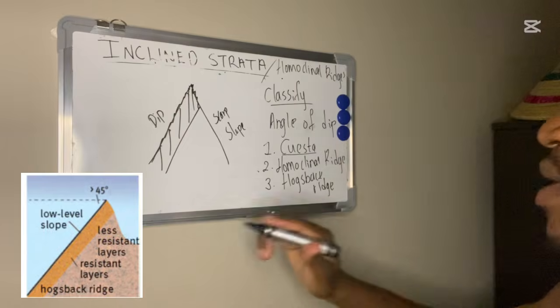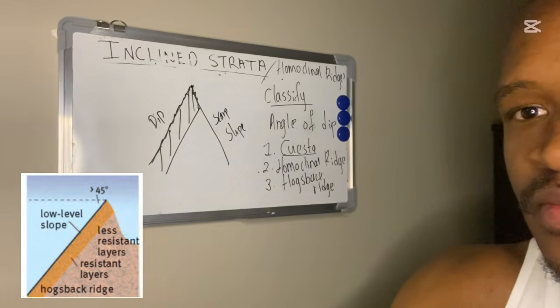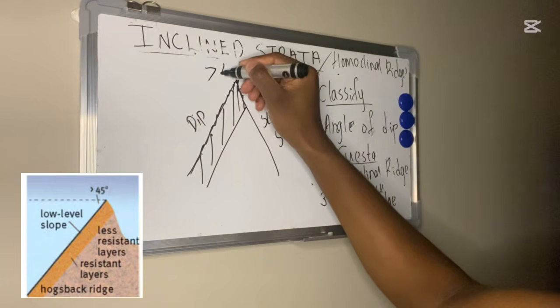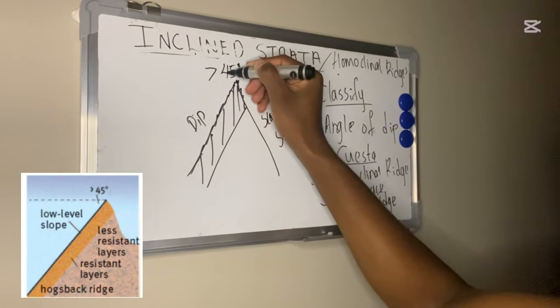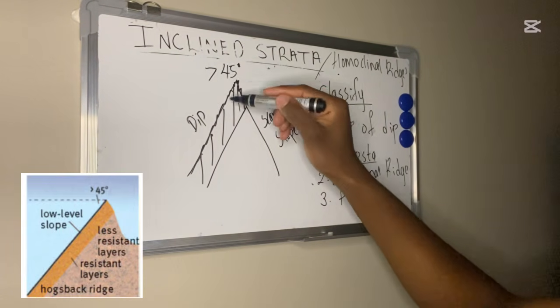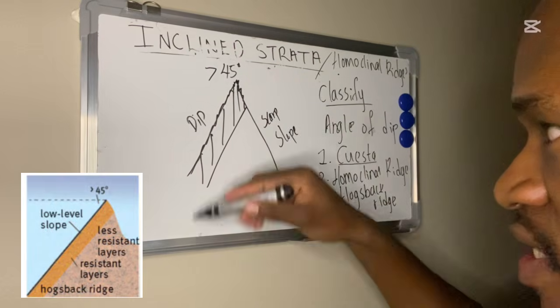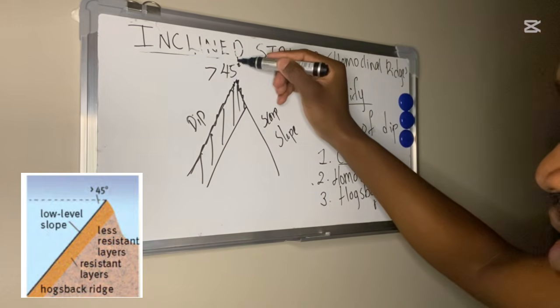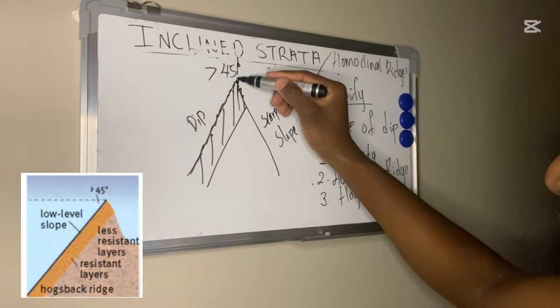Now the Hogbacks ridge is generally greater than 45 degrees, right? And you can see that the dip slope is very steep. So for my Hogbacks ridge, the third one, the dip slope is greater than 45 degrees.